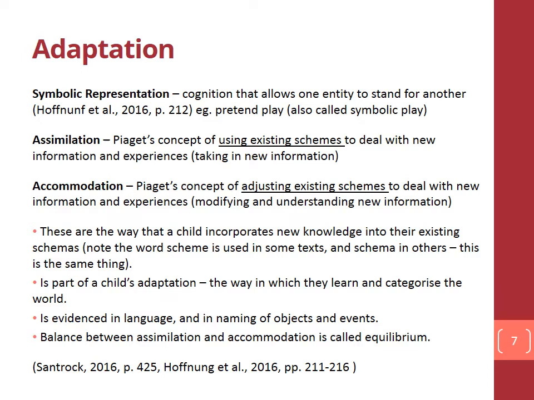Interestingly enough, as adults, we go on to assimilate and accommodate right through our lives. It happens when one is exposed to higher education, new ideas, thoughts and writings that you might not have come across before.